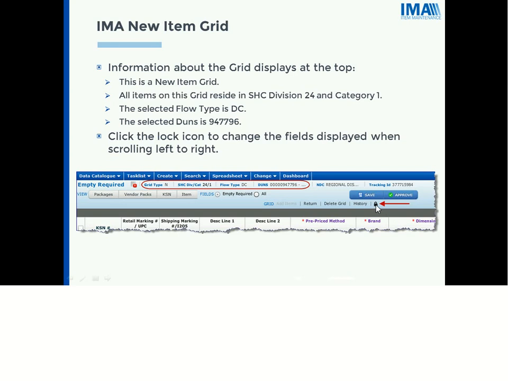If you're working on a regular sized screen like a large monitor or a larger laptop, you can leave this locked and it'll probably be fine for you. And what that does is all these fields to the left that are the black heading, those stay locked in place, and only the fields to the right of those black-headed columns will be the ones that scroll left to right. So that's what the lock icon does, and I'll show that to you when we get into the demo.